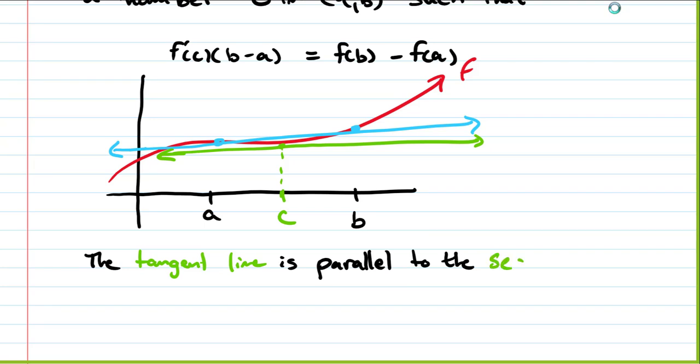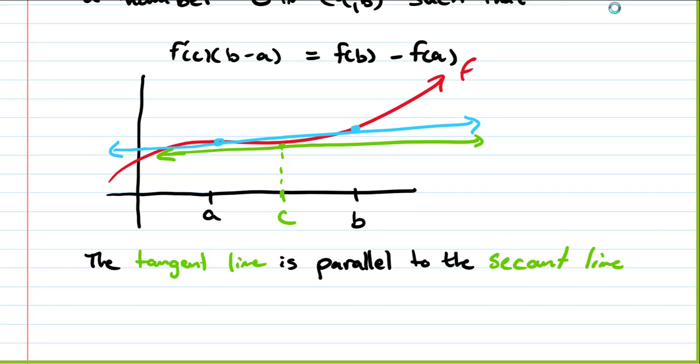And the mean value theorem guarantees that if our function is differentiable on the open interval and continuous on the closed interval, there exists at least one number c where that happens, where the slope of the tangent line is equal to the slope of the secant line.